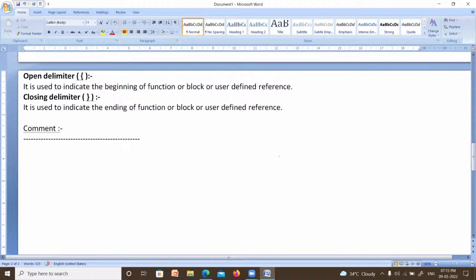Simply, whenever you purchase a new item, you will get one booklet. Am I right? Whenever you purchase a TV, a washing machine, or a fridge, you will get a booklet. What is the use of the booklet? By going through the booklet, you can understand how to use it and how it will function. In the same manner, in your application also, while writing the code, you have to write some messages. I am writing this code for this. I am writing this function for this. I am creating a variable for this. You have to write like this.